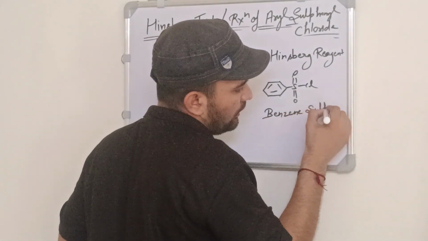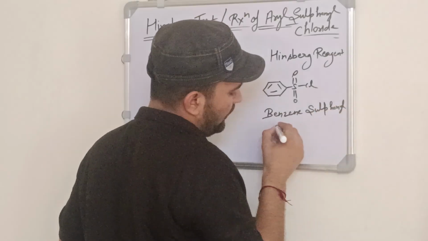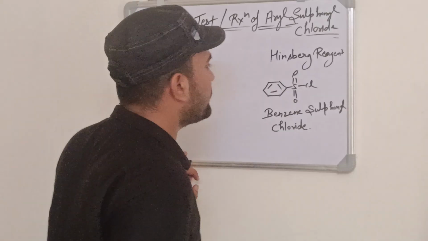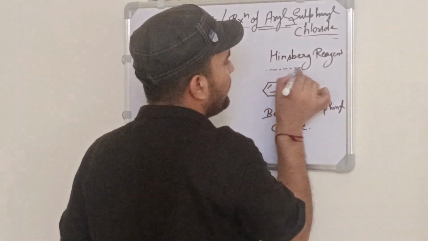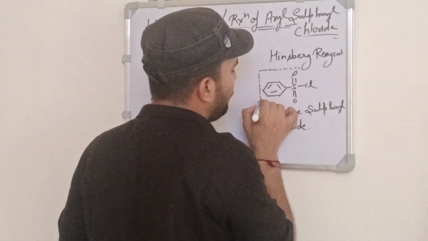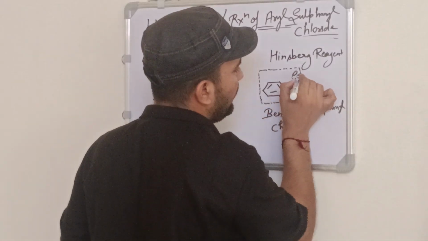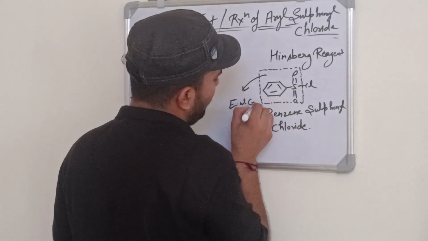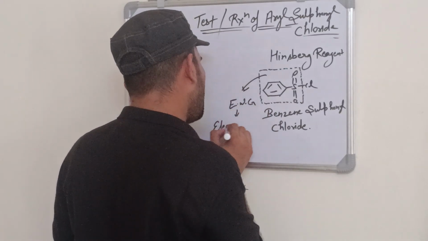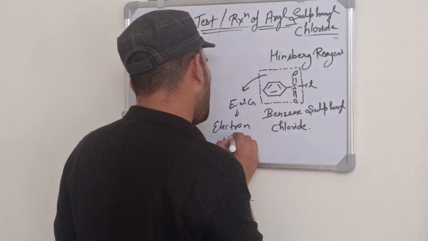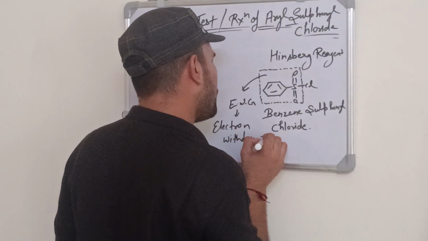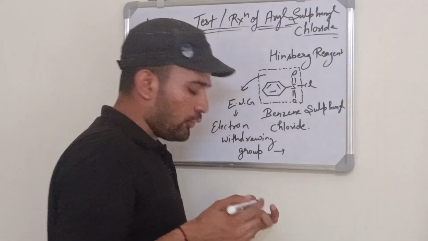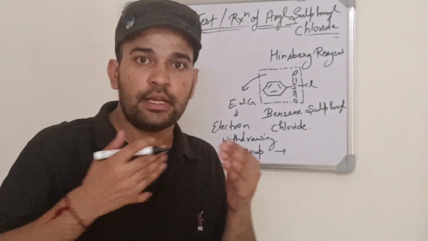In this case, you see this part is an electron withdrawing group. Electron withdrawing group means it will try to attract the electron density towards itself.